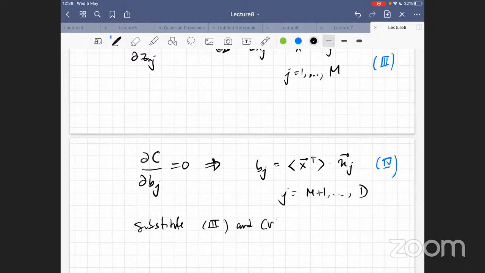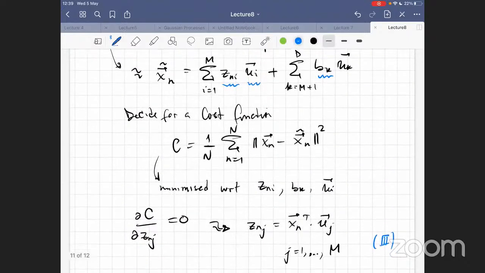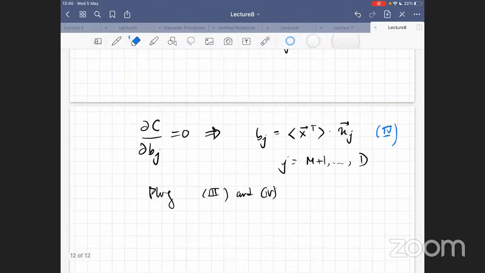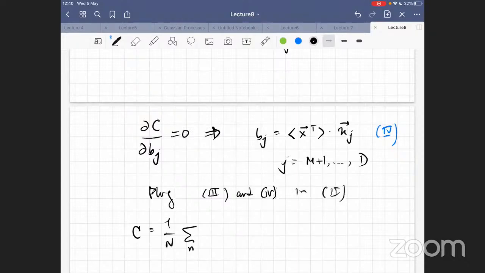If I plug 3 and 4 inside 2, I get something which is C equal to 1 over n, sum over n, sum over i from M plus 1 to D of xn transpose ui minus the mean of x transpose times the same, squared.